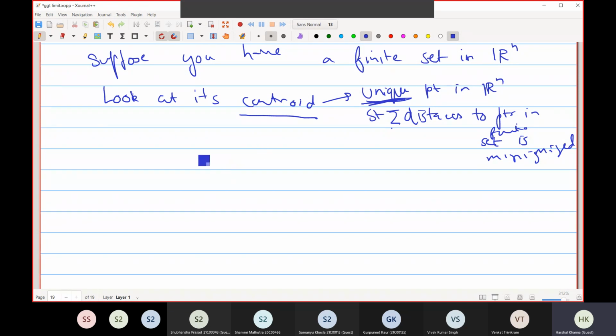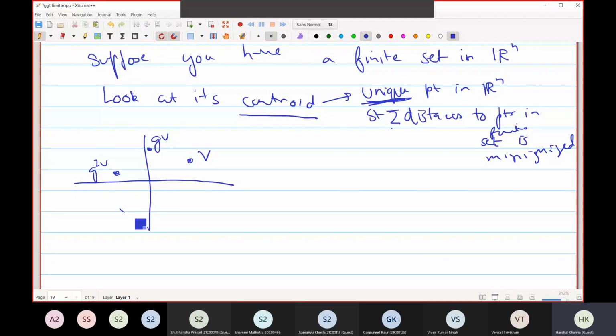So let me draw the diagram. Let's look at R2 for example, because it's easier to visualize here. We took this to be v. Suppose this was g v, g squared v, and so on. And here was g to the power m minus 1 v.